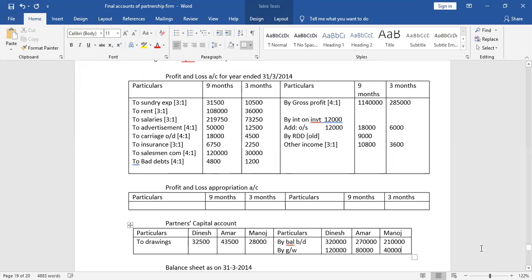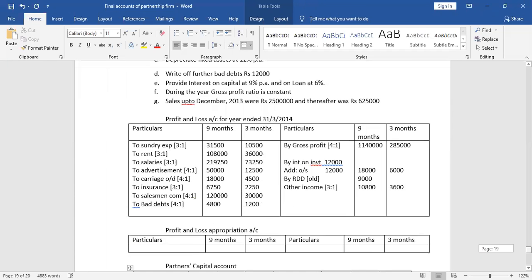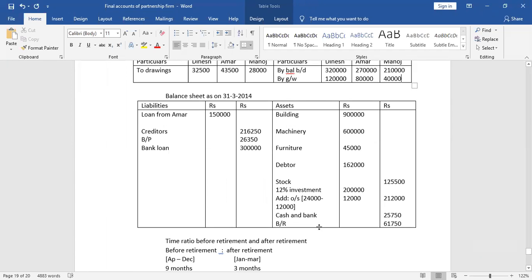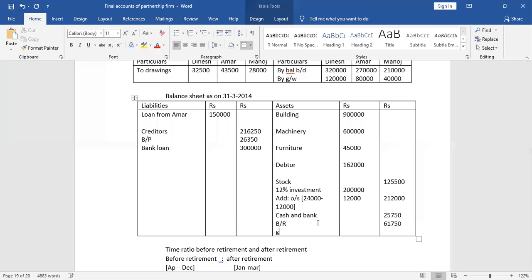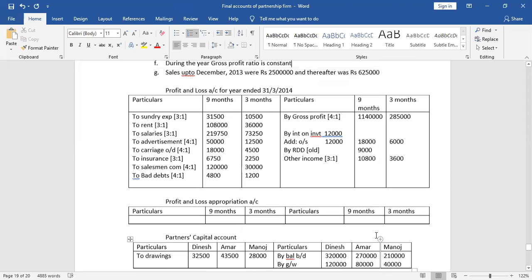So ये goodwill we have raised. Written off तो नहीं हो रहा है, तो ये balance sheet में भी आएगा. Another effect, this will come in the balance sheet. Goodwill. Whenever जब हम goodwill को raise करते हैं और फिर बाद में उसको adjust नहीं किया, write off नहीं किया, तो that goodwill will come in the balance sheet.